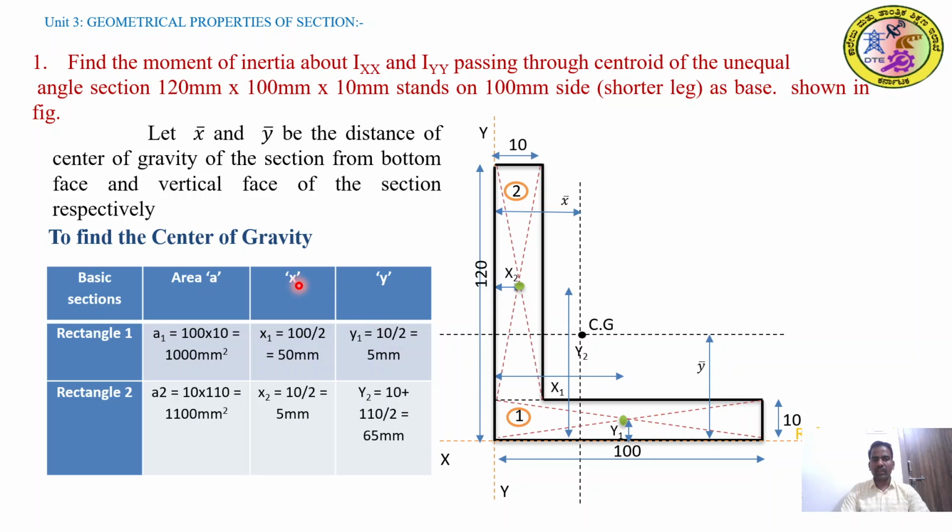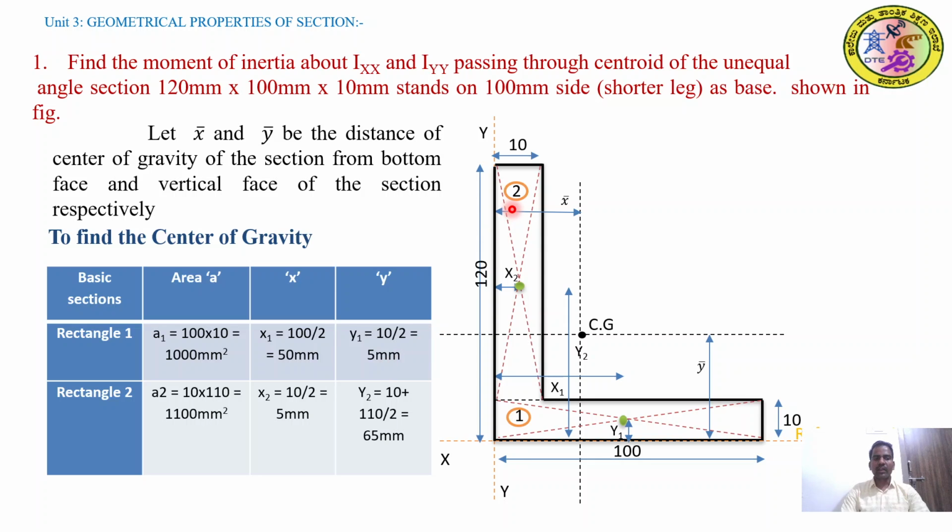Therefore, x1 is width divided by 2, that is 100 divided by 2, 50 millimeter, and y1 is the depth of the section, 10 millimeter, divided by 2, which is 5 millimeter. This is for rectangle 1.